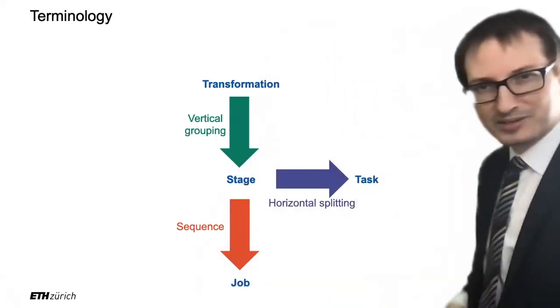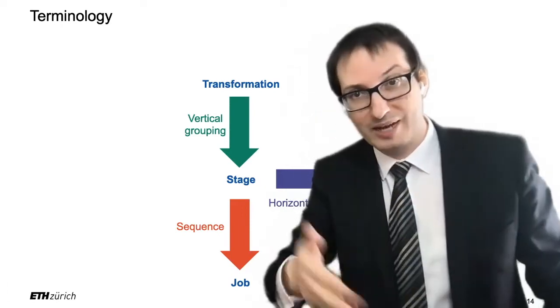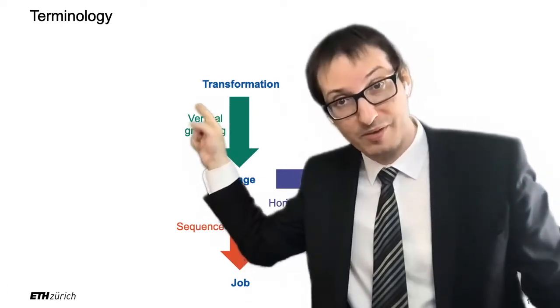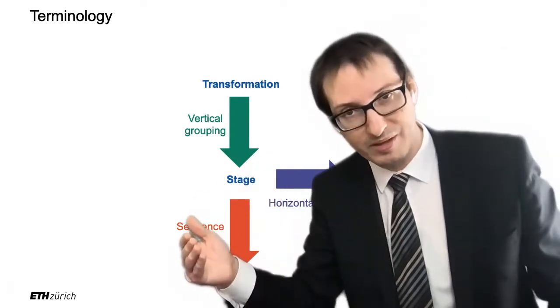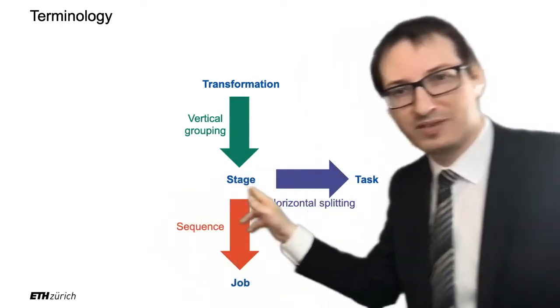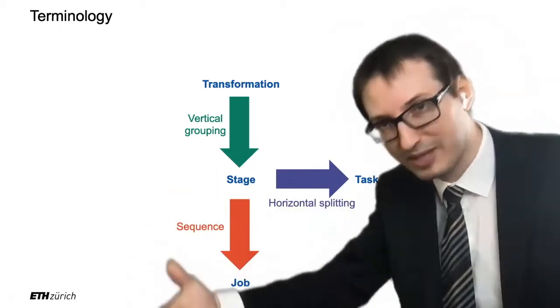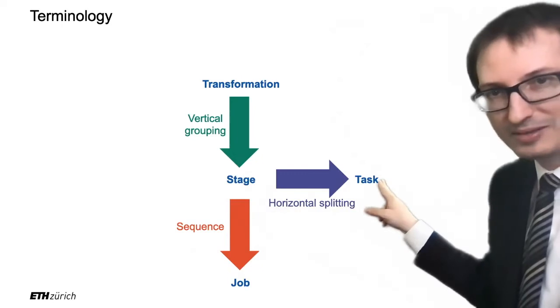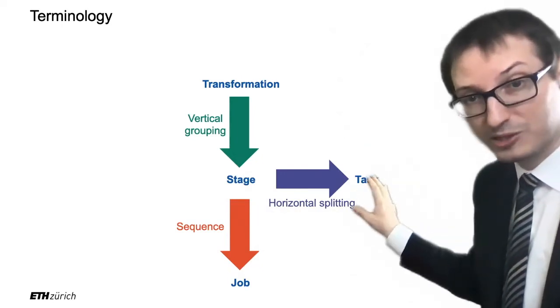All right, so here's now how to remember these terms. We have a transformation, right? You can apply a transformation, but this is a logical concept. You can squeeze several transformations into a stage if there are narrow dependencies. Then the stage is executed by splitting across slots and across tasks, right? So it's divided into tasks, and the tasks are executed in parallel and sequentially within each slot.